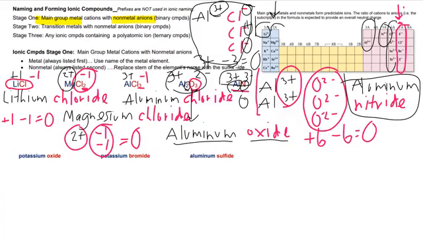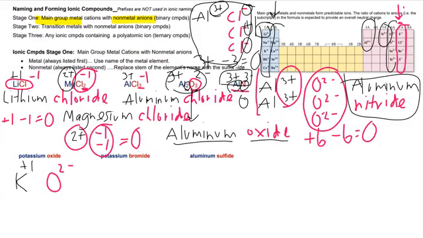Now let's see how to write the formula if we're given the name. So potassium, again, look over here. K is in my very first family, so we know that potassium is K and it's +1. And oxide, we know, is oxygen with a 2- charge.